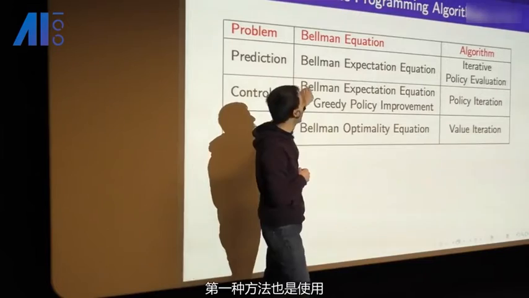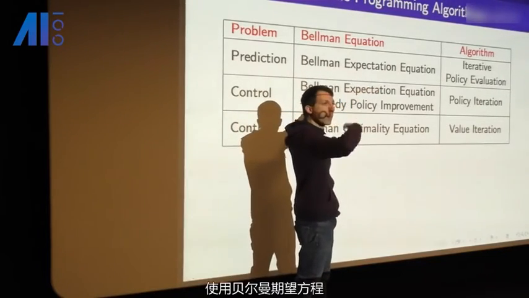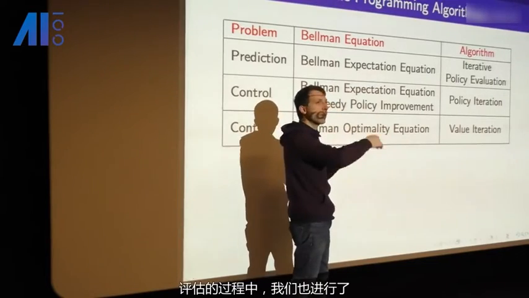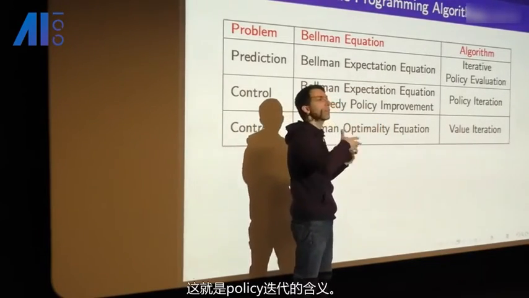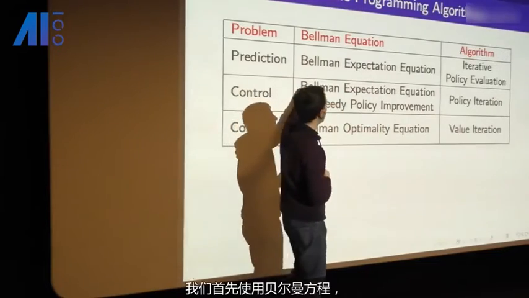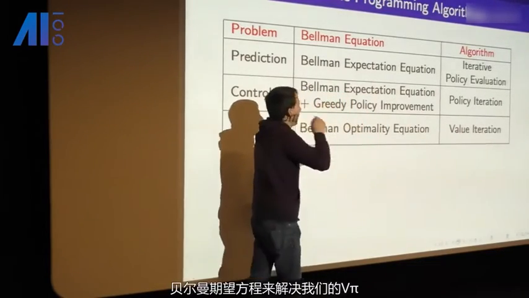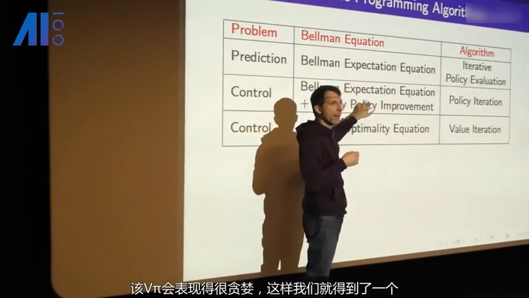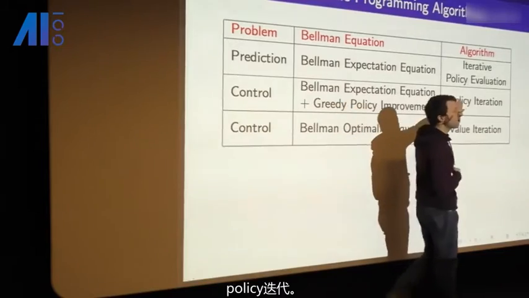The first approach was to again use the Bellman expectation equation and iterate it to evaluate your policy, but then to alternate that evaluation with a process of policy improvement. So we first use the Bellman expectation equation to solve for V pi, and then we act greedily with respect to V pi to give us a new pi. We alternated that process, and that gave us the policy iteration algorithm.